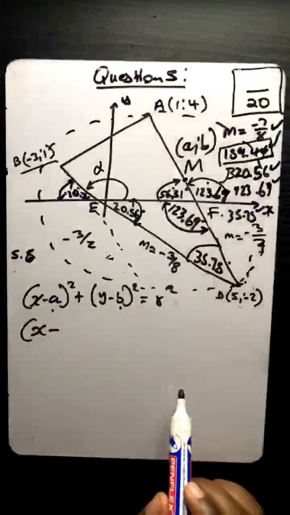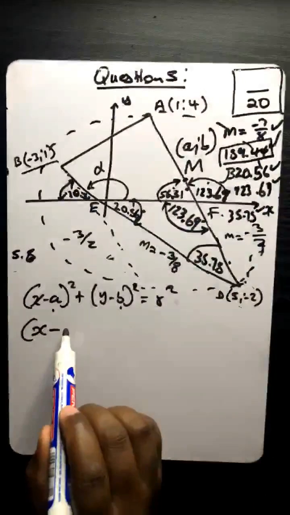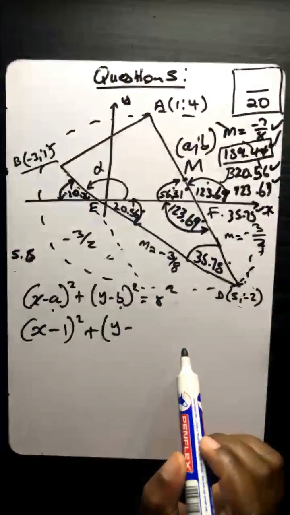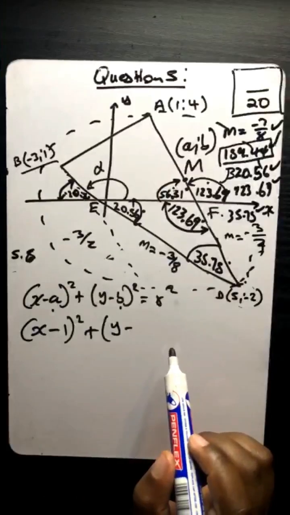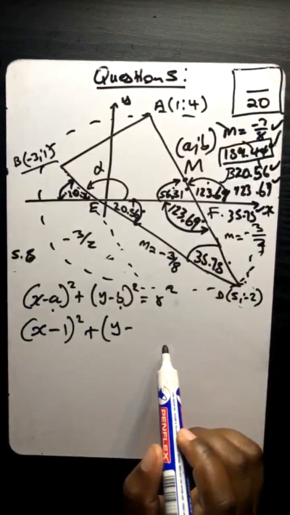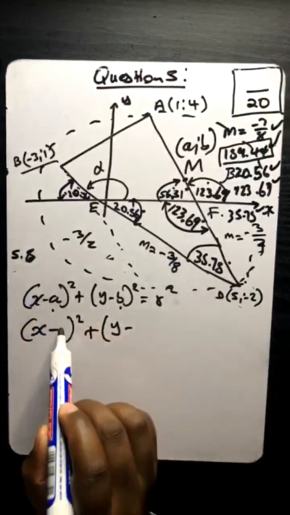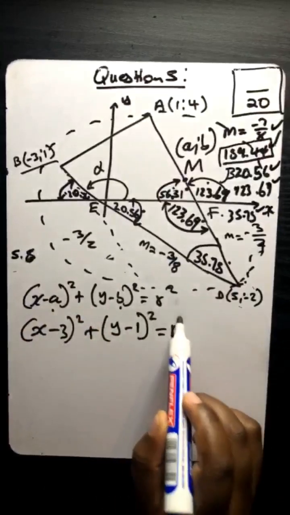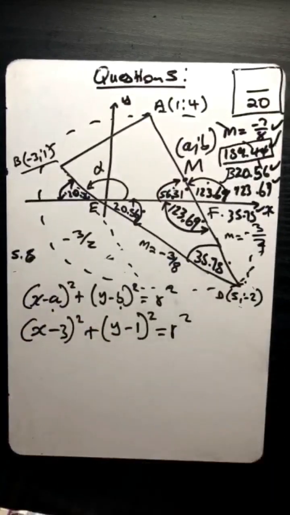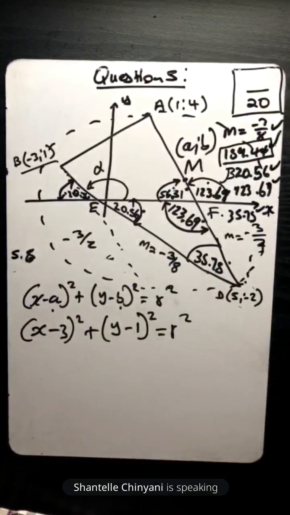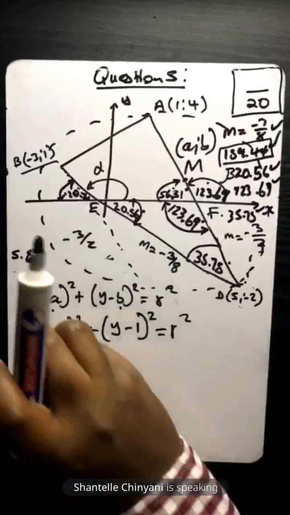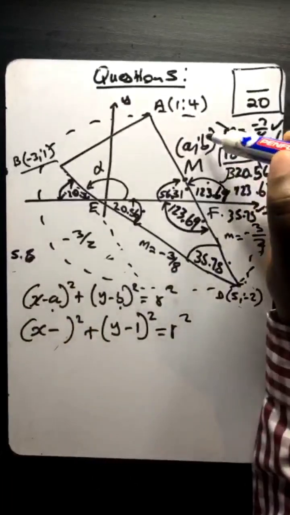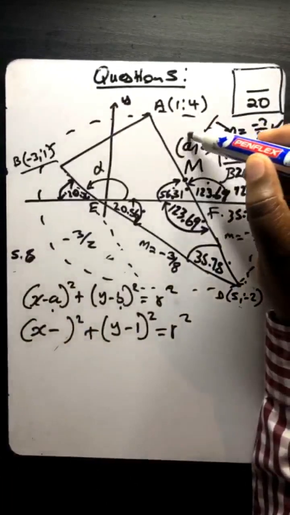What is a? I think a, we calculated it to be what? Was it 1? I think it was 1. Y minus, what was b? I think b was 3. Was it not 3? No. Wait, b is the Y value, yes, and a is the X value.